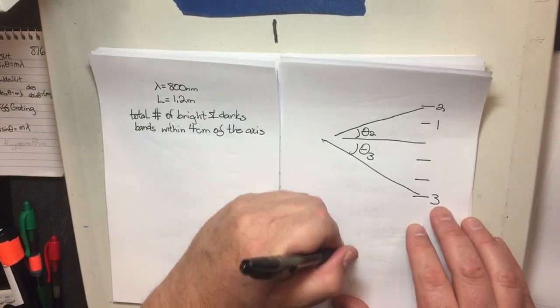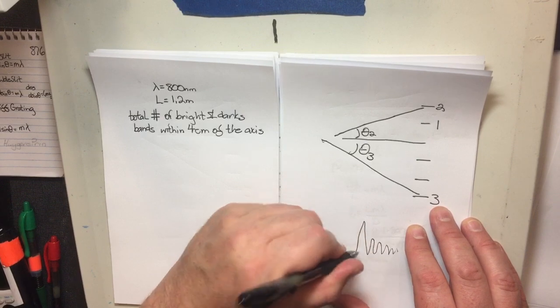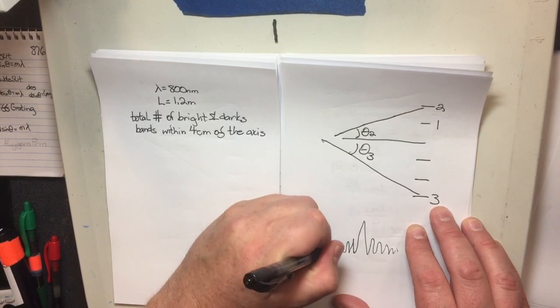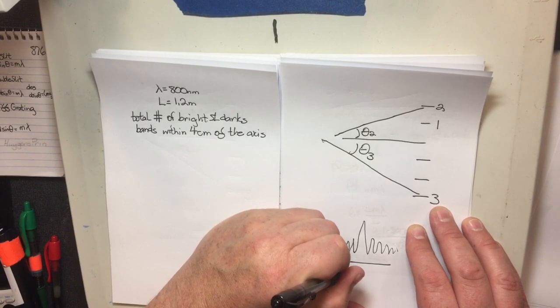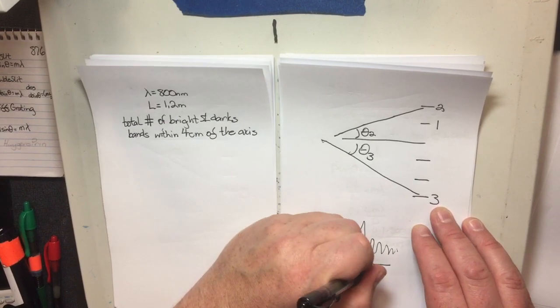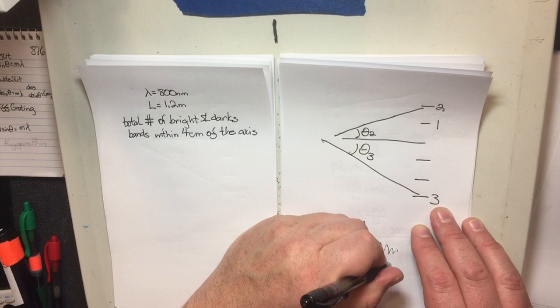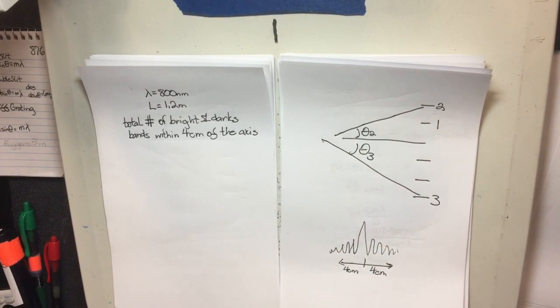So I'm going to have a certain distance, 4 centimeters that way, 4 centimeters that way, and then I want you to count the bands that occur in between. Add them up. I don't want to know the number of bright and the number of dark. I want the total.